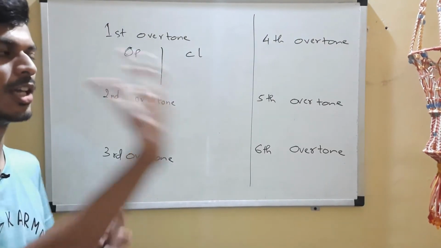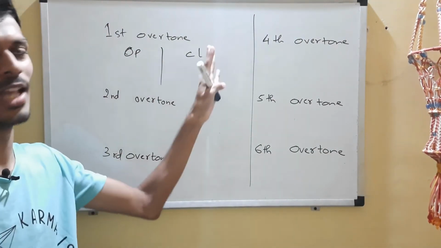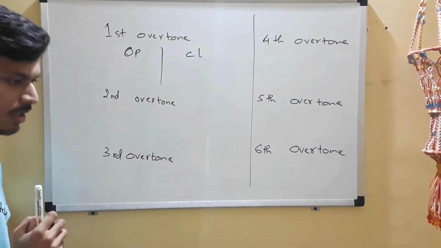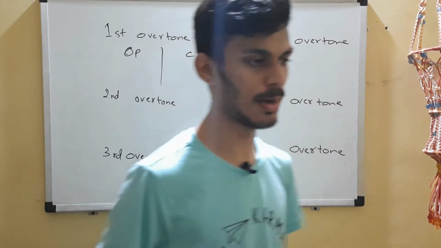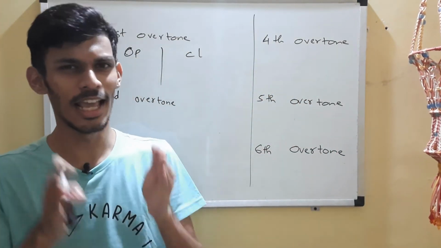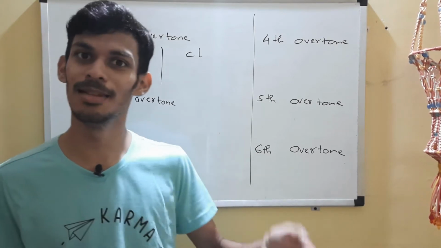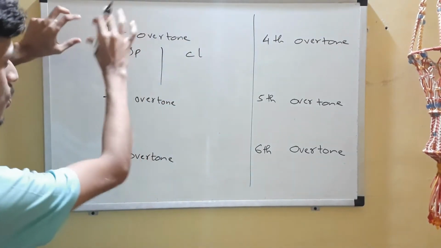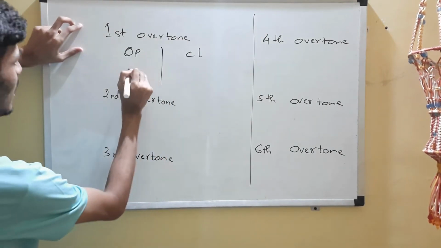Let's decide. In an open organ pipe, all harmonics are present, and nth overtone means the (n plus 1)th harmonic, right? So basically you add 1. So first overtone means second harmonic.